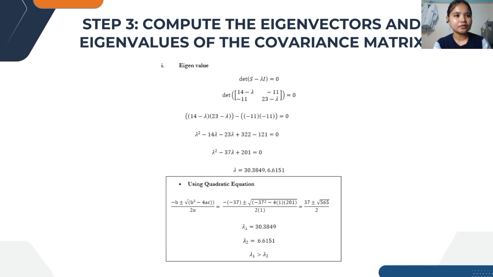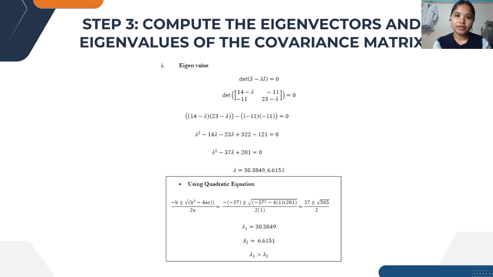The quadratic formula gives us the values of lambda, the eigenvalues, by solving for the roots of the equation. In short, determinants help us set up the characteristic equation, and the quadratic formula allows us to solve for the eigenvalues, which are the key to understanding the principal components of our data.